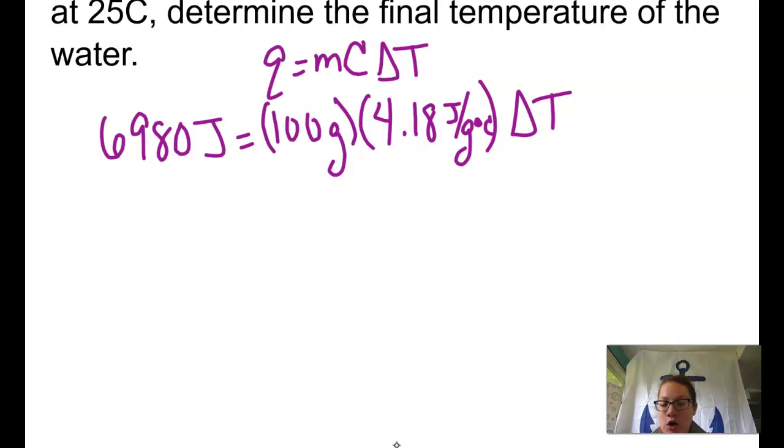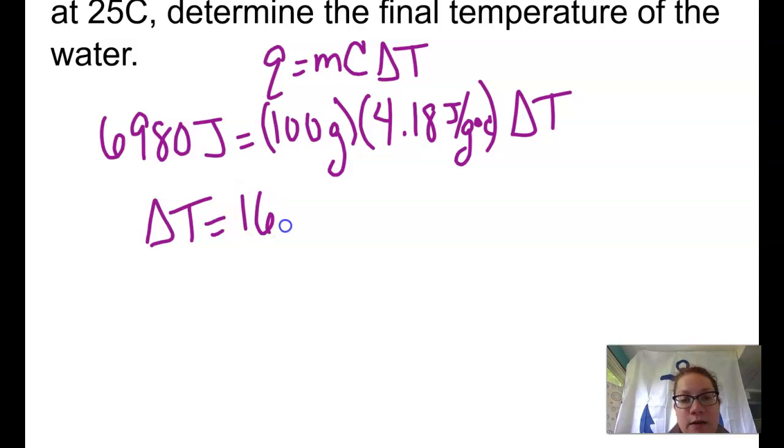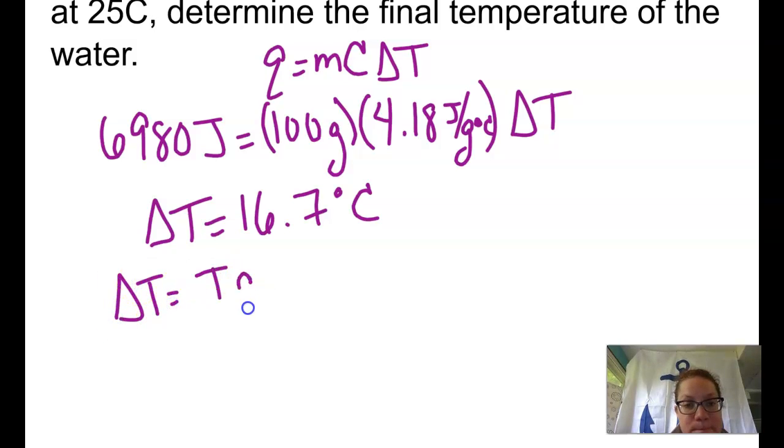So it's going to go up by 16.70 degrees Celsius. So the change in temperature is equal to 16.7 degrees Celsius. So if we started at 25, what would our final temperature be?